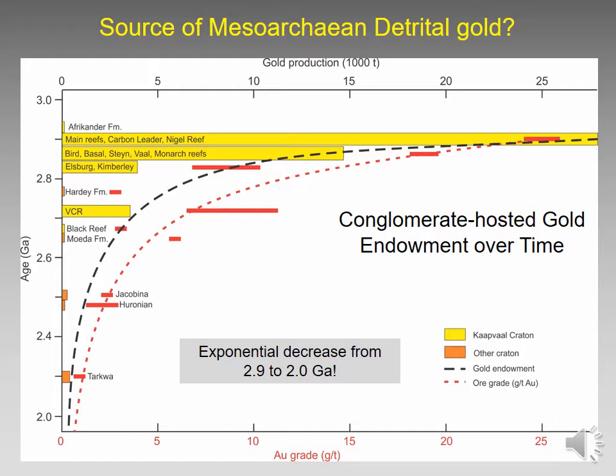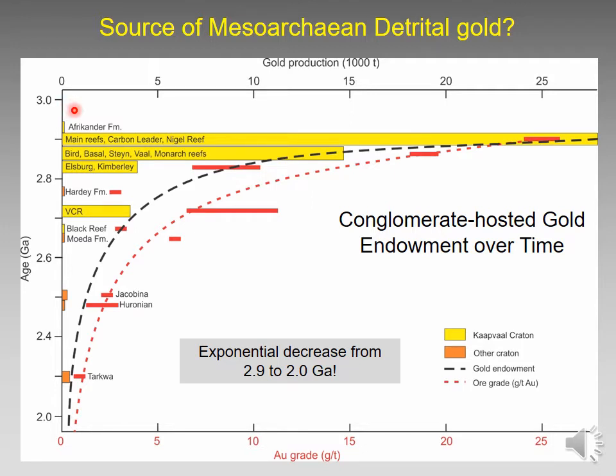The overall picture that emerges, and that's quite important for the whole story, is that prior to 2.9 billion years, there's hardly anything. Effectively, the West Rand group, which is an age between 2.9 and almost 3 billion years, doesn't contain much gold.